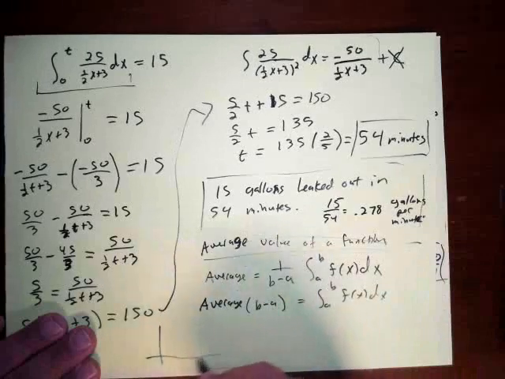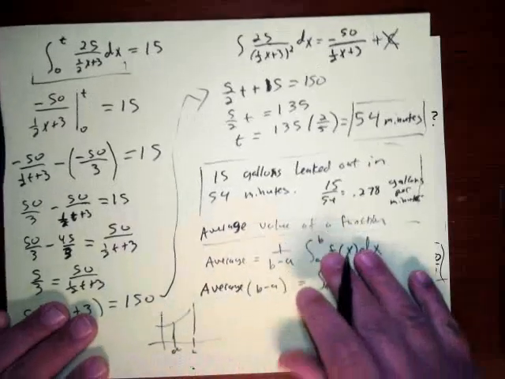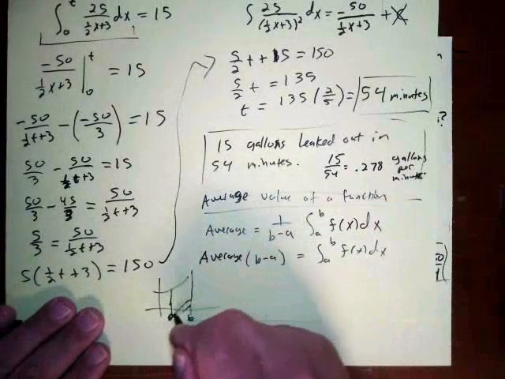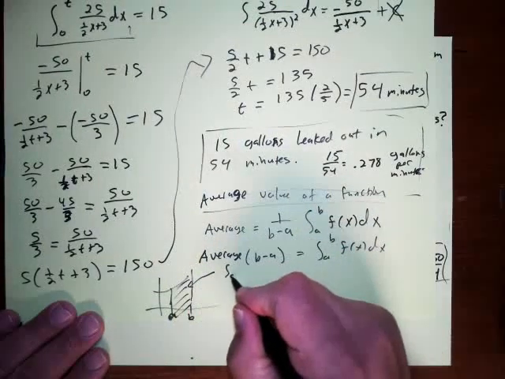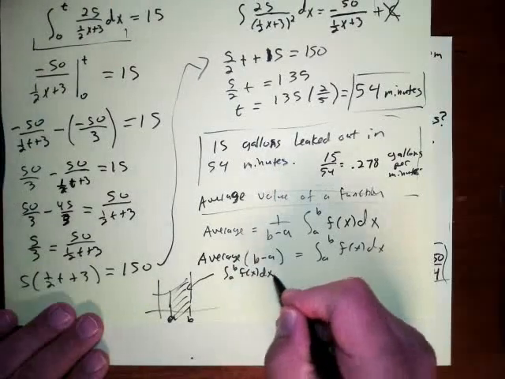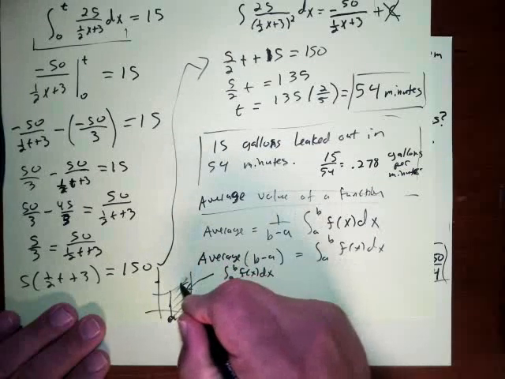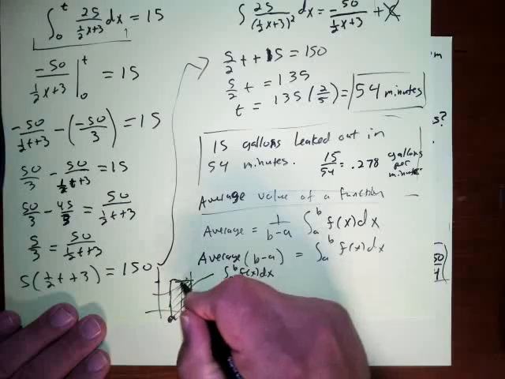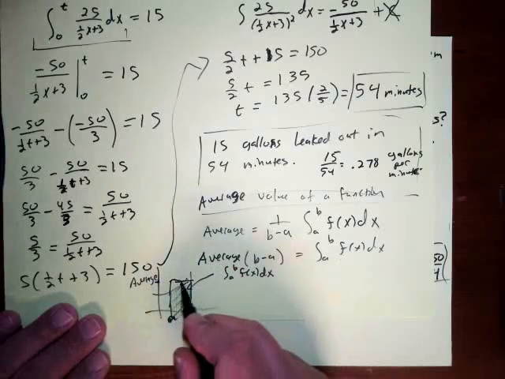In other words, if this is your function here from a to b, so your function from a to b has a certain area, and that area is equal to the definite integral, right? The average value here is going to be some value, and this is kind of like what we did in the fundamental theorem. It's going to be the value that's going to give you the same amount of area by finding the area of the rectangle.